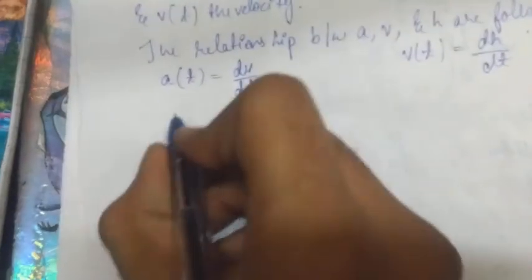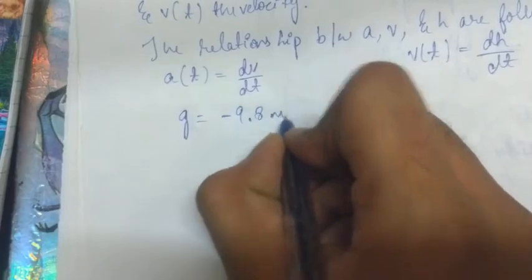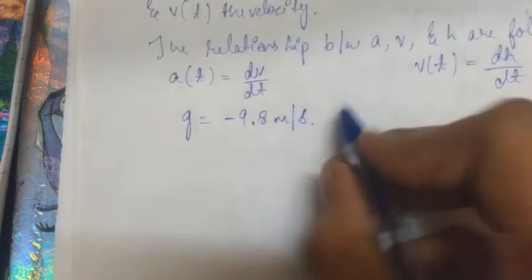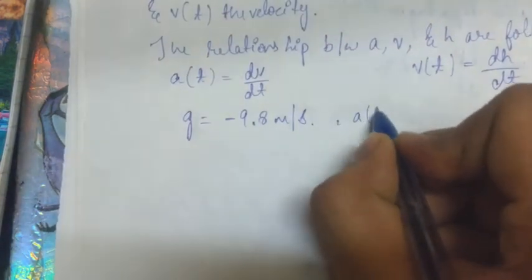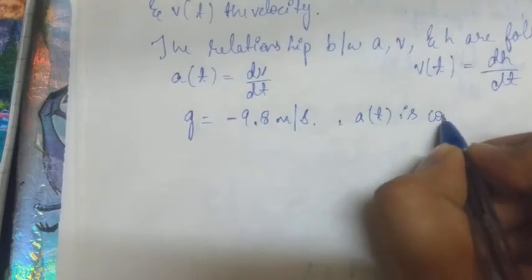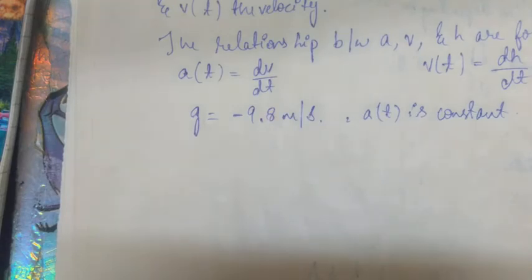And we get g is equal to minus 9.8 meters per second squared, that is the acceleration due to gravity, and let's take a of t as a constant.